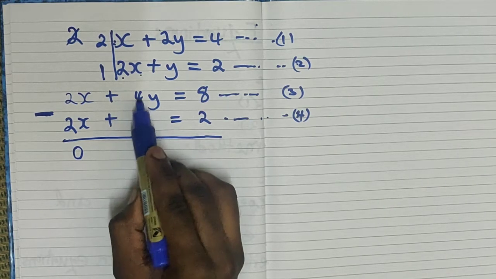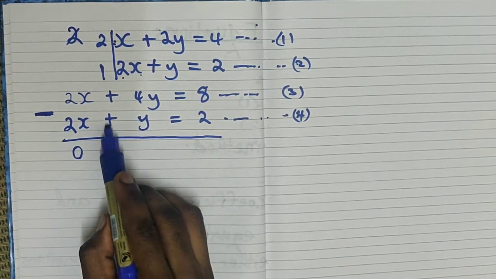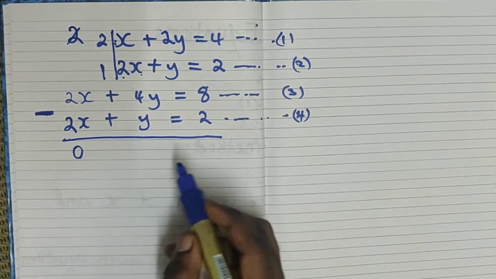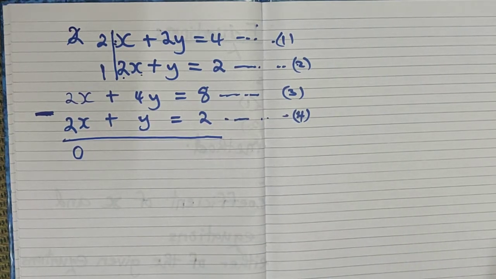Now this one is positive 4y minus positive y. Now you are seeing where, in our previous video, we saw how we can use subtraction and addition, how they interact.